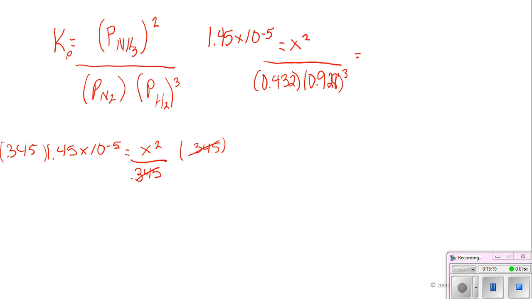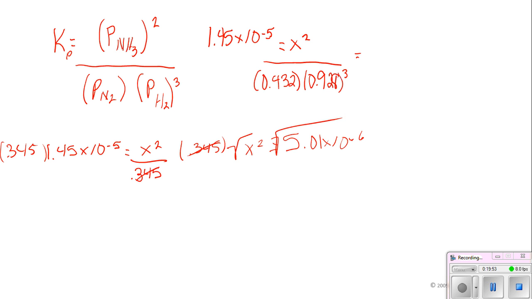So now we're going to get x squared equals, and then we would multiply 0.345 times 1.45 times 10 to the negative fifth, and that is 5.01 times 10 to the negative sixth. And then to get x, because x is squared, we're going to do the square root of each side.